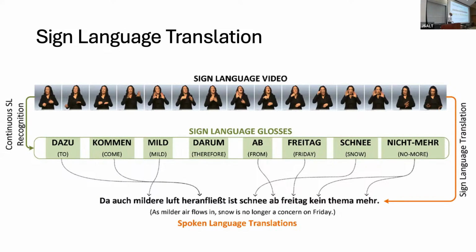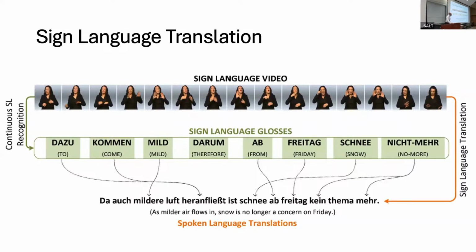Because this is old school. It's already pretty well solved. The last dataset was a Turkish dataset, I think, and there were 220 signs, I think.